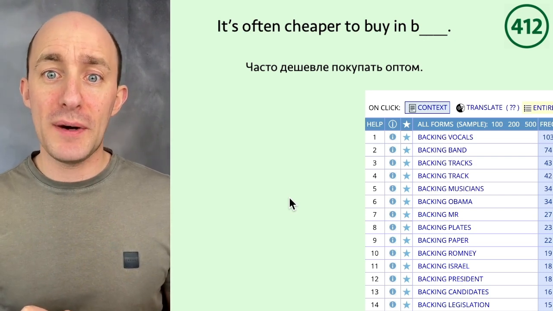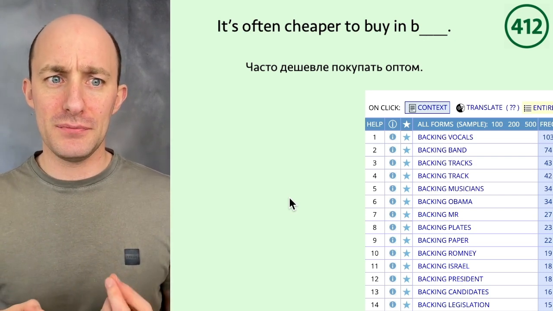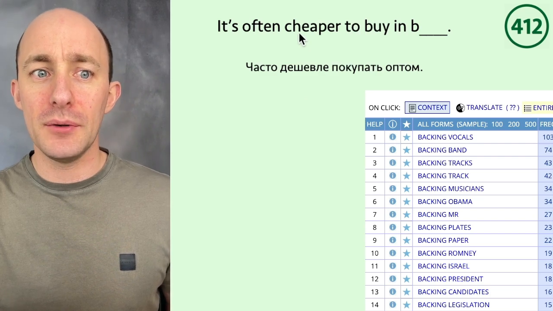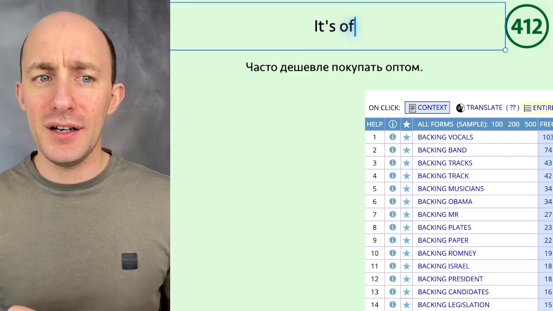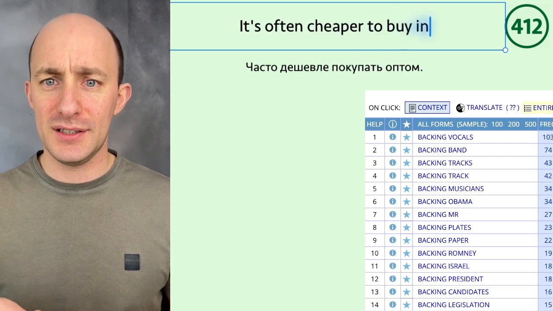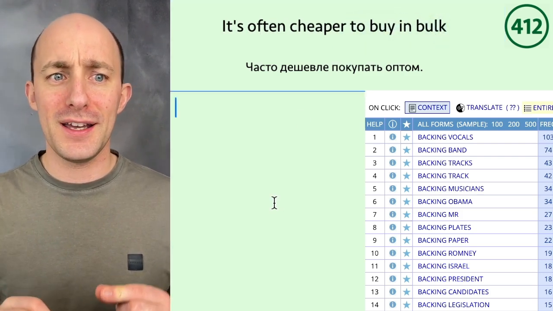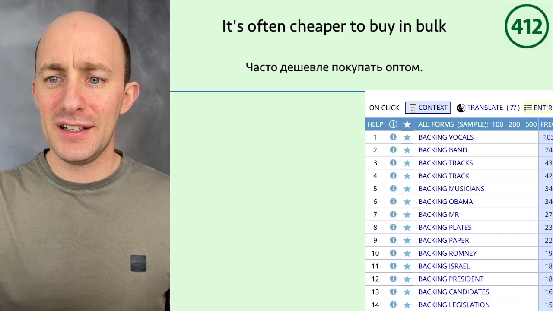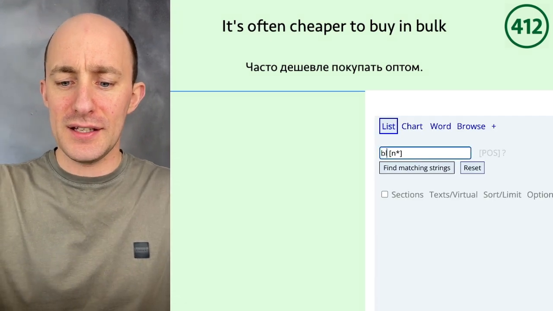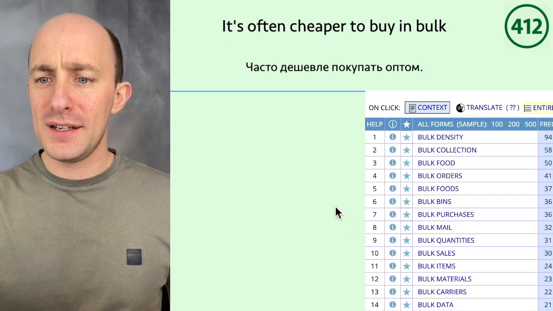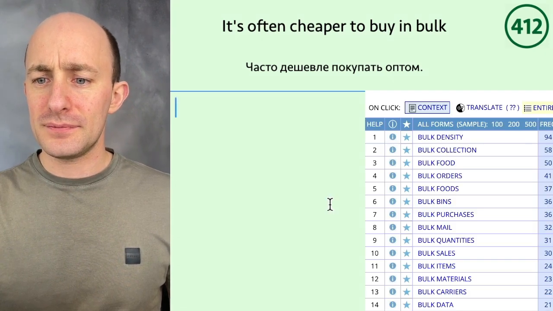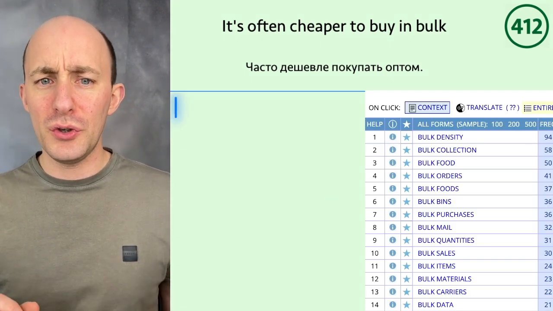Часто дешевле покупать оптом. If we're talking about оптом, the word is bulk. It's often cheaper to buy in bulk. Buy something in bulk. Let's have a look at some other bulk phrases. So you can talk about bulk orders.